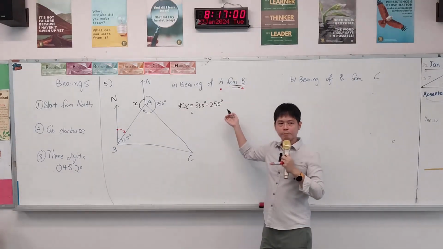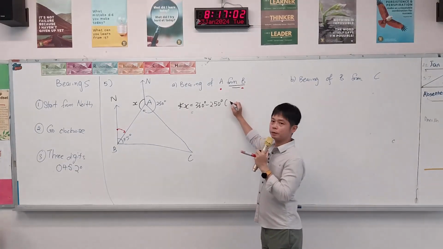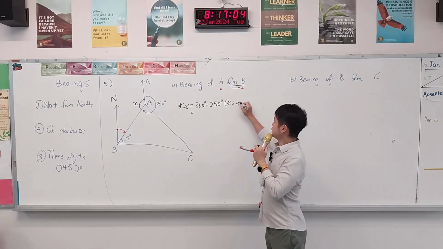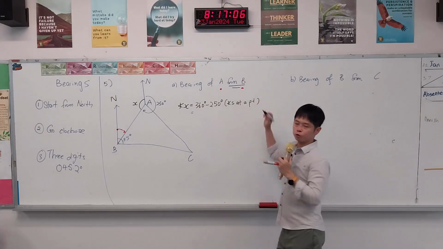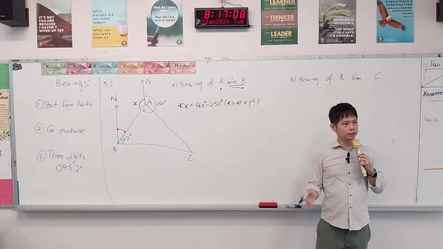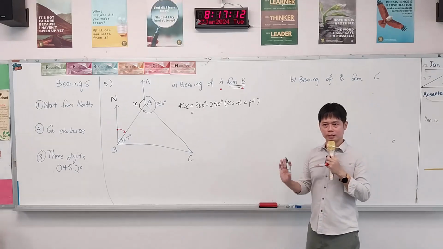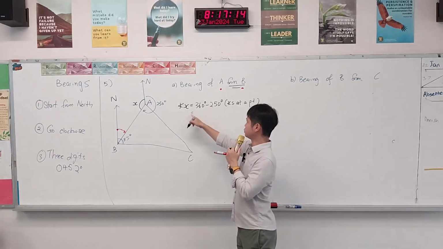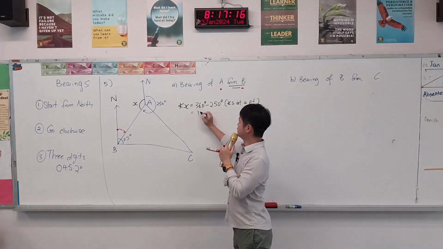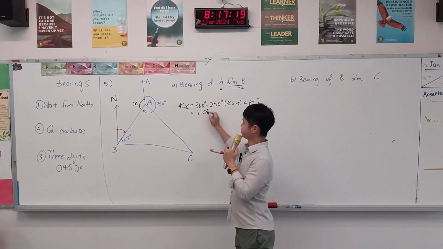Because I'm teaching, I will definitely write down the property, angles at a point. If you do not remember the property, at least find the angles. Don't skip this question. It's extremely easy, because you learn this in primary school. We should have 110.